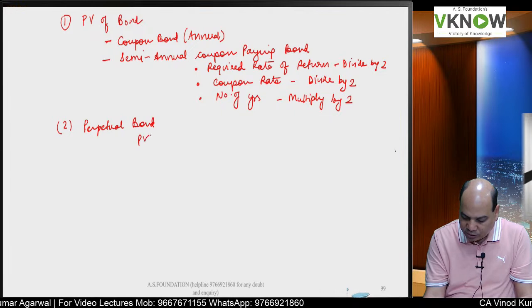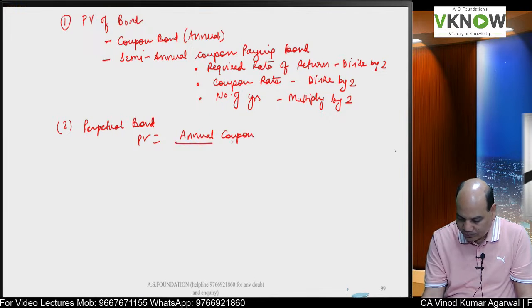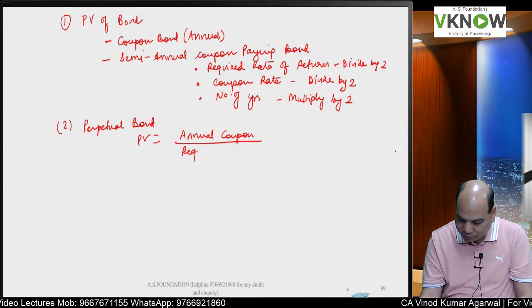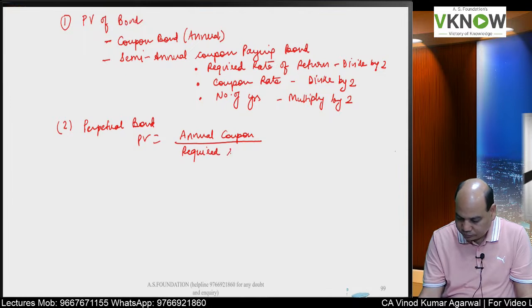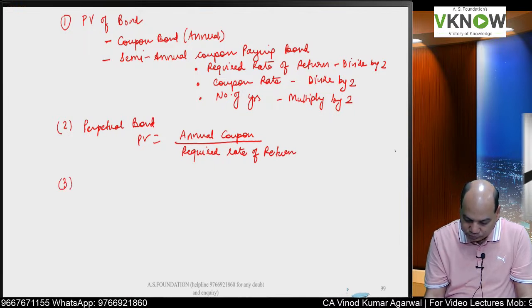Perpetual bond present value is annual coupon upon required rate of return. And then we have also seen the zero coupon bond.